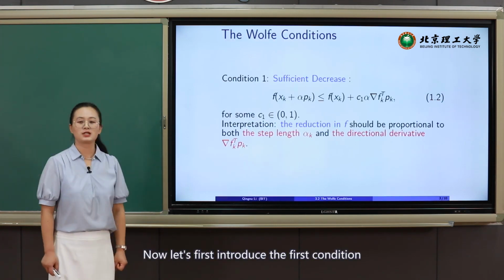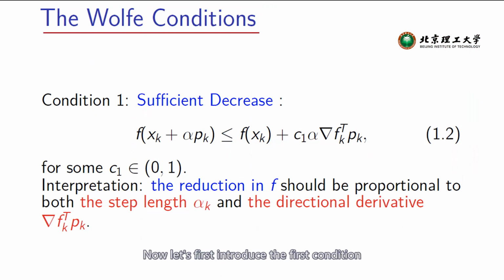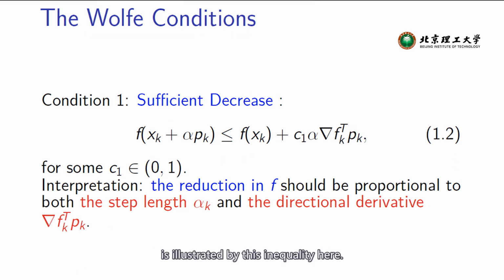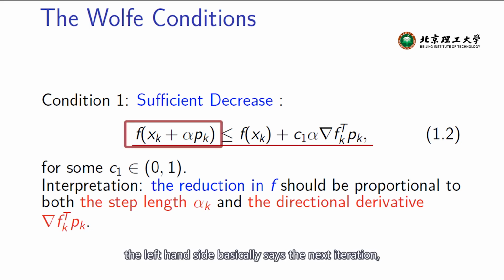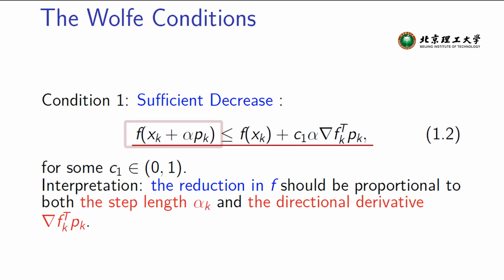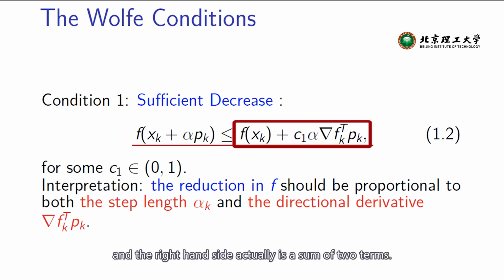Now, let's first introduce the first condition in the Wolfe conditions, which is the sufficient decrease condition. The sufficient decrease condition is illustrated by this inequality here. The left-hand side is the function value of the next iteration. And the right-hand side is a sum of two terms.